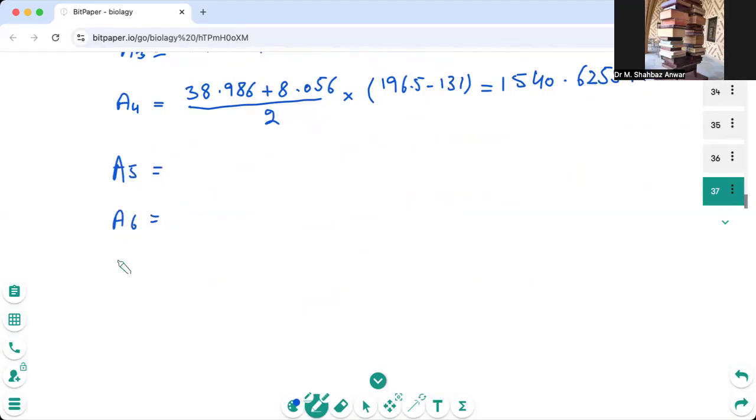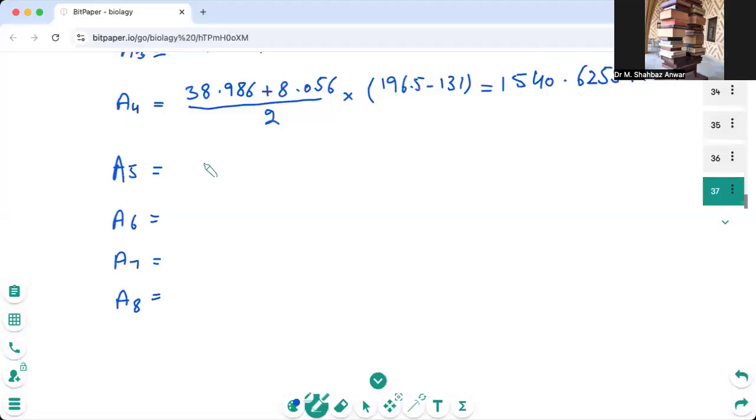In the same way, you are going to calculate your other areas: area 5, area 6, area 7, and area 8. I'm going to give directly the values of these areas, because we know how we can calculate them.